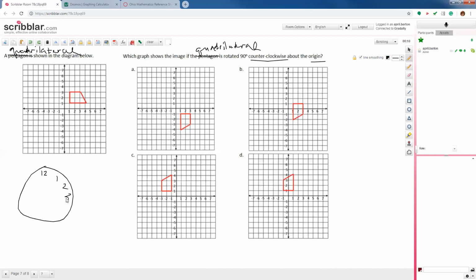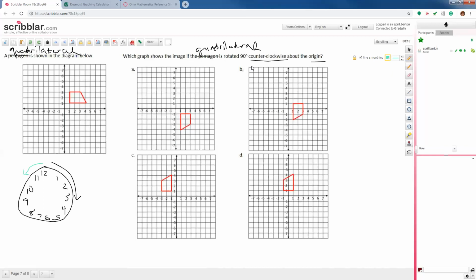Yeah, 12, 1, 2, 3, 4, 5, 6. I still have a clock like that. Gone digital. It's hard to remember sometimes. So clockwise is if you're going in the correct direction around the clock. You're counting 1, 2, 3, 4, 5. Counterclockwise is when you're going against the numbers. If we started at 12 and went 11, 10, you're counting backwards.